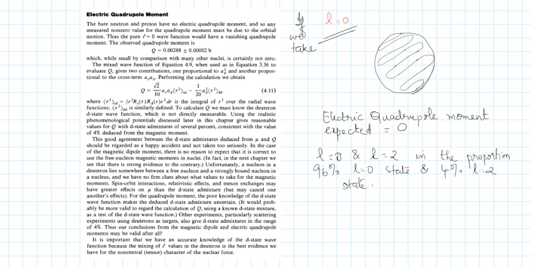Such an assumption gives a theoretical value for the quadrupole moment which matches quite well with the experimentally observed value for a deuteron. I hope this was understandable. Thank you.